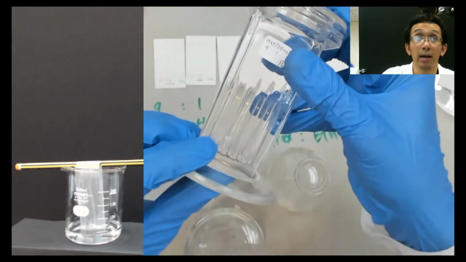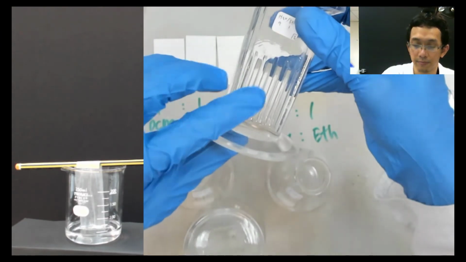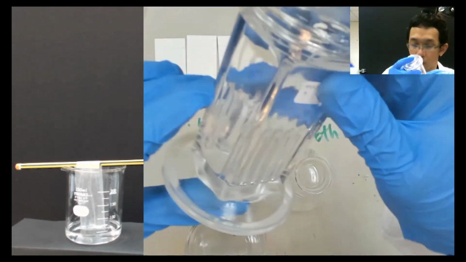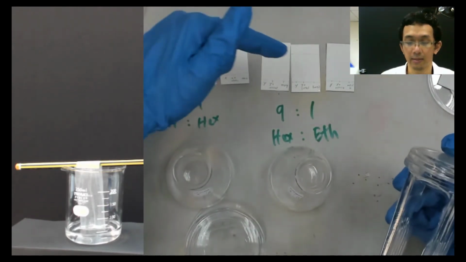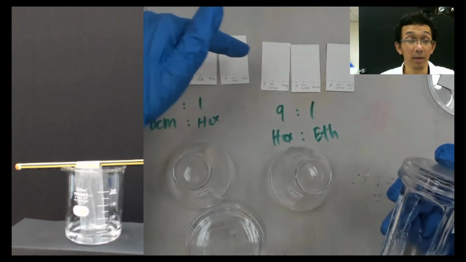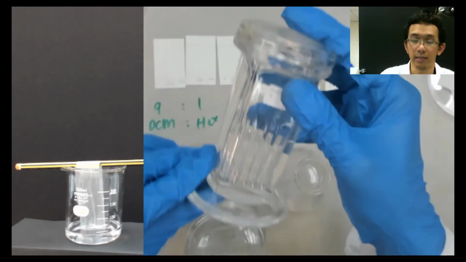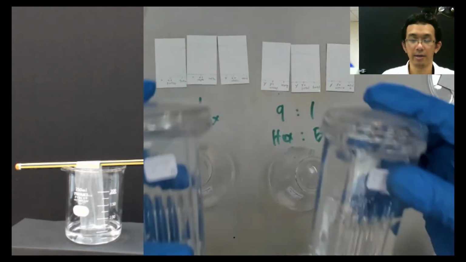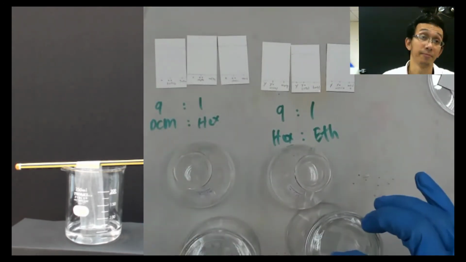If you look here, there is a groove, so it's easy for you to put the TLC paper there. That's why the technician pre-cuts the TLC paper at this size, so that it can fit in the developing chamber. So now, because I already put the label there, I can put this inside.